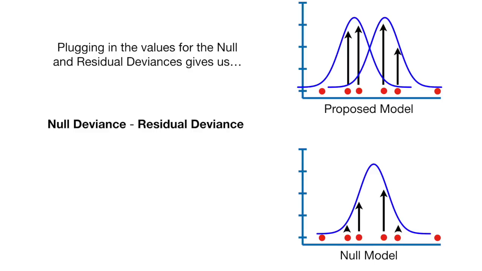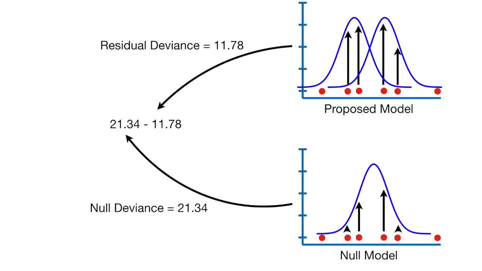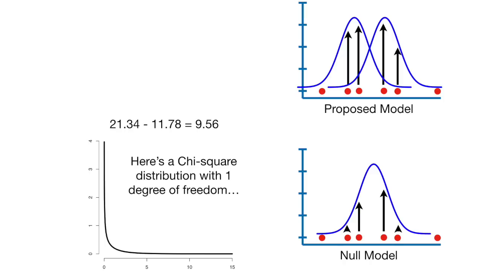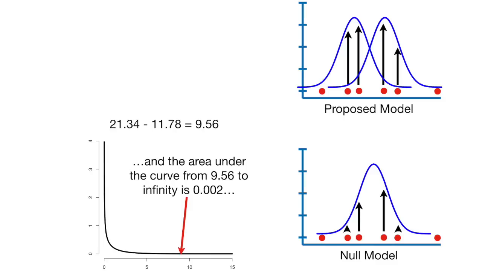Plugging in the values for the null and residual deviances gives us 9.56. Here's a chi-square distribution with 1 degree of freedom. And here's where 9.56 is on the x-axis. And the area under the curve from 9.56 to infinity is 0.002.